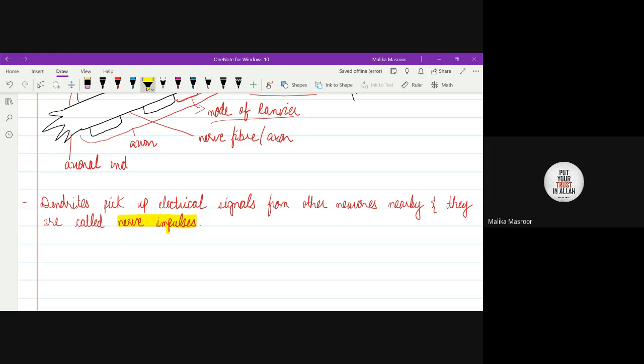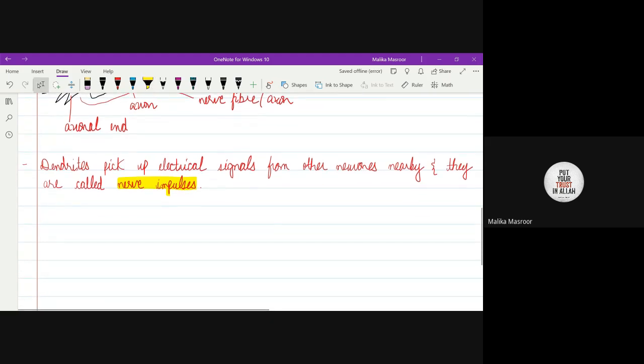Now, if I talk about your central nervous system, all mammals have a central nervous system and a peripheral nervous system, CNS and PNS.